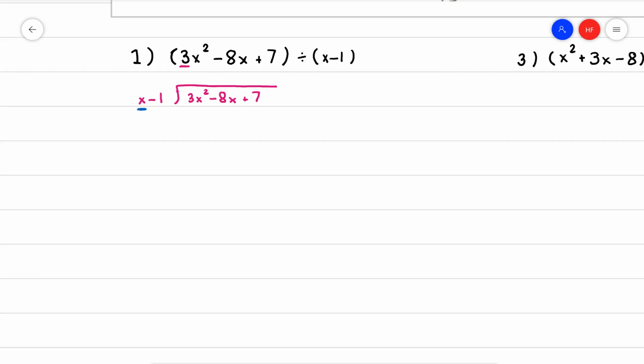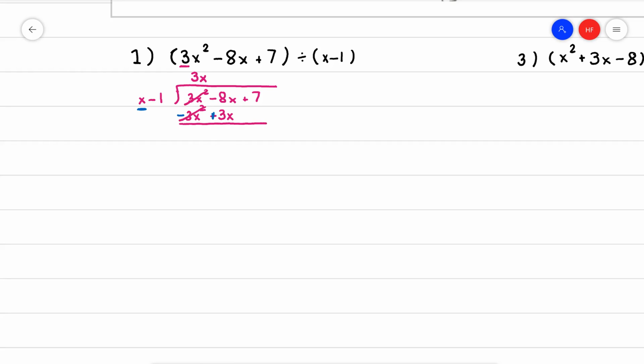So x into 3x squared, I would need a 3 and an x, so that these two would multiply to a 3x squared. And then 3x times negative 1 is a negative 3x. This is subtraction, so we're going to change both of their signs.